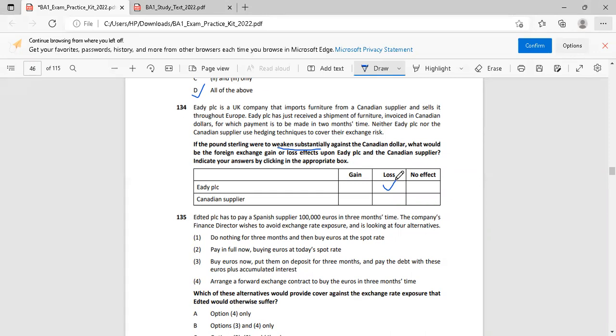He is only on the receiving end, he is not making any payment. How much currency he will pay, less or more, is not the scenario we are looking at. So there would be no effect for the Canadian supplier.